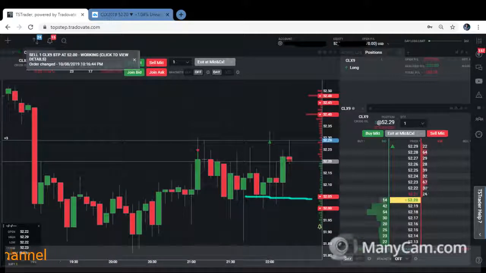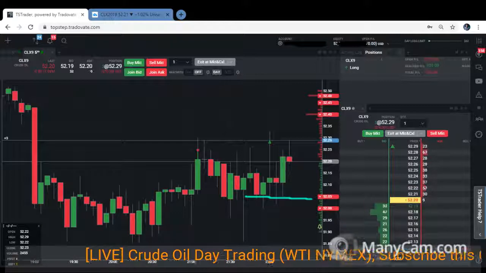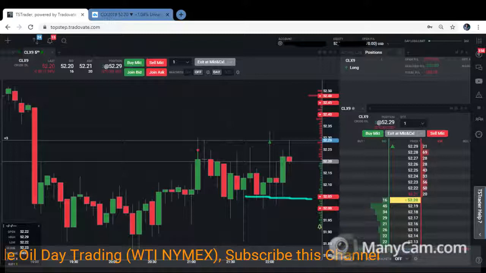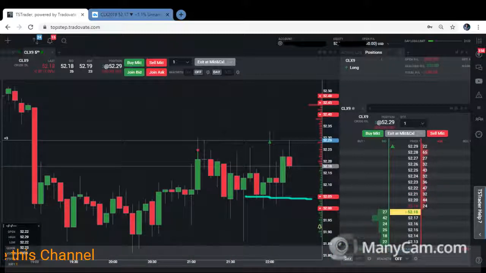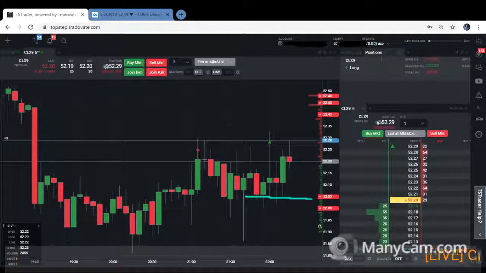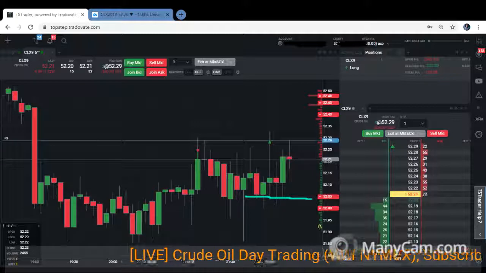I didn't expect that the market would touch and then reverse back. It's quite a drastic move in a few seconds, and now I'm waiting for the market, hopefully, to go up. So let's wait patiently.